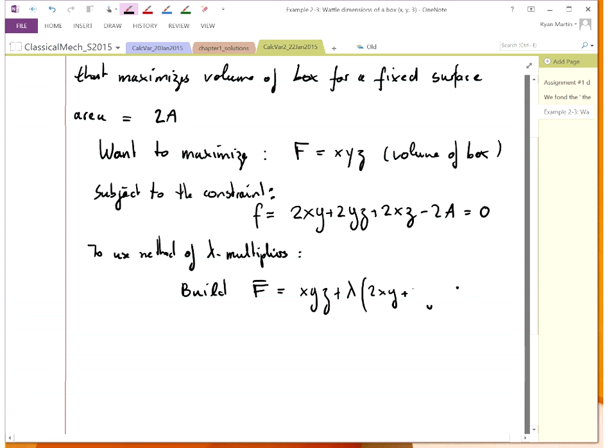So little f is 2xy plus 2yz plus 2xz minus 2A.